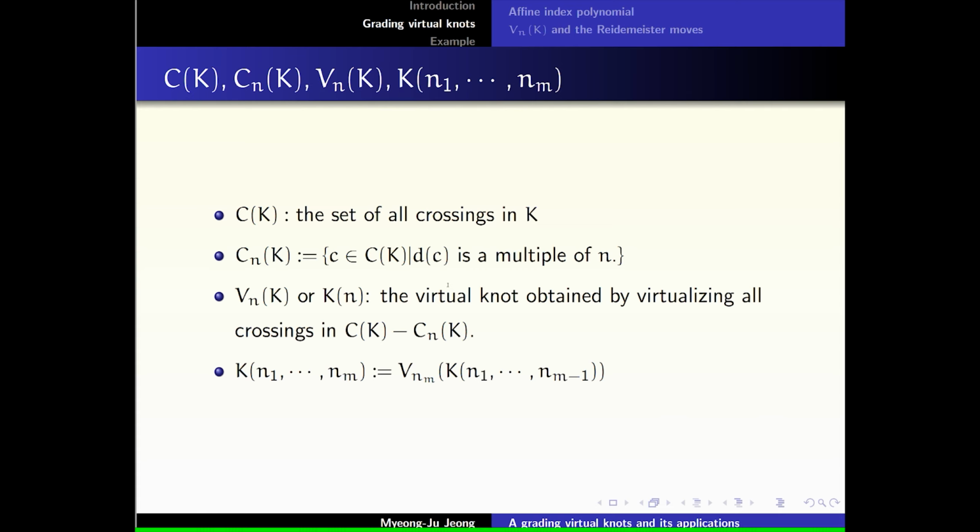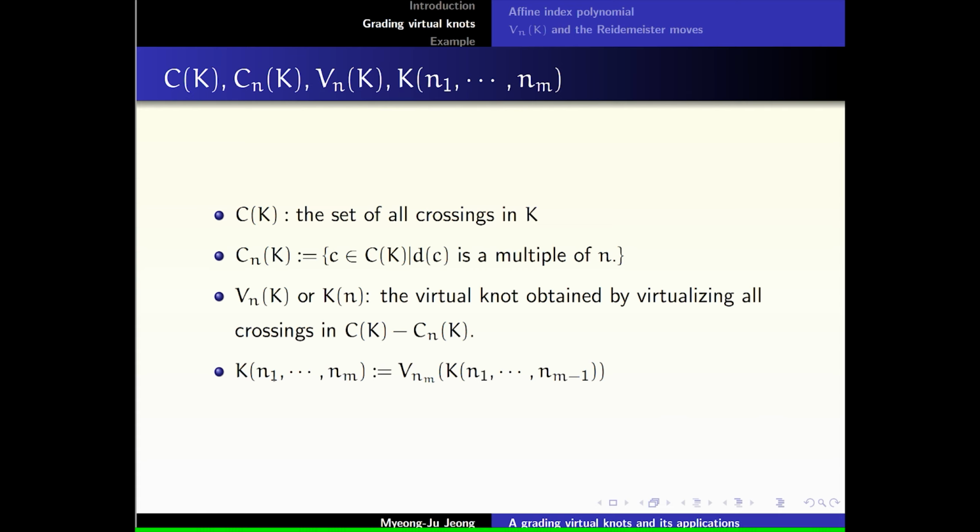And V n of K, or K of n, will denote the virtual knot obtained by virtualizing all crossings in C of K minus C sub n of K. So if n is 2, then K of 2 means the virtual knot obtained by virtualizing all other crossings.